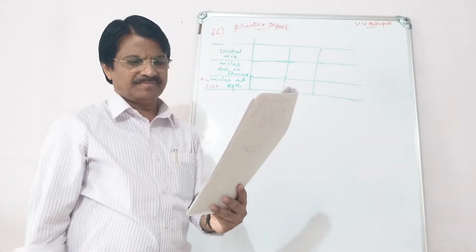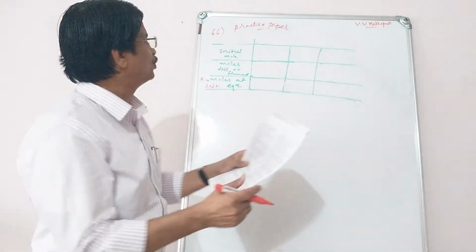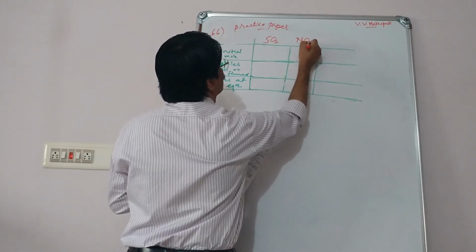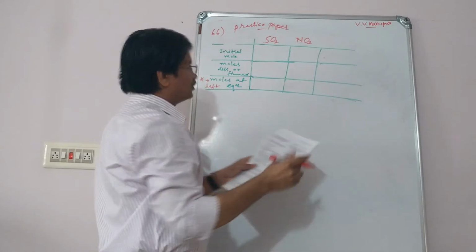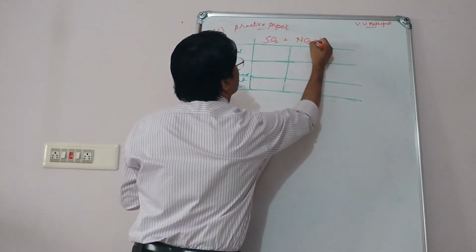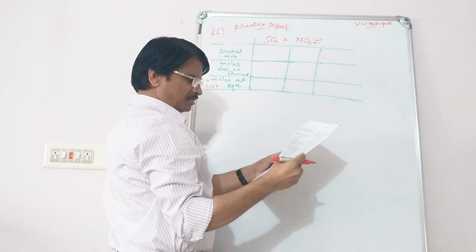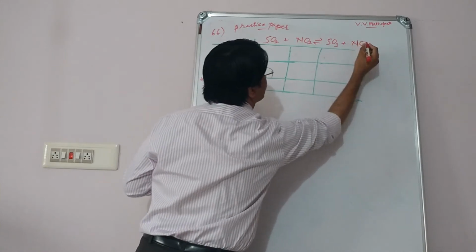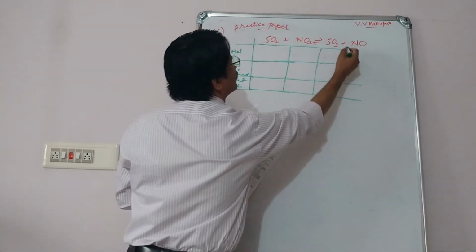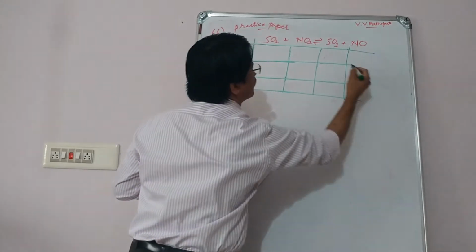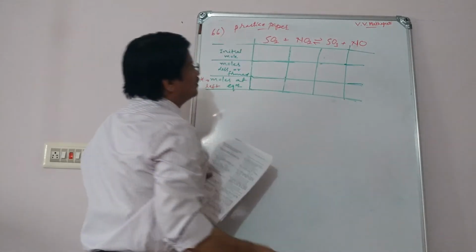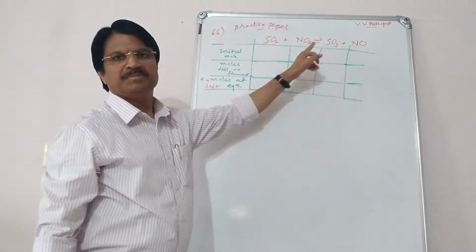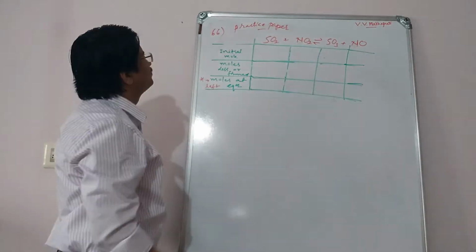K is given as 16 for the reaction SO2 plus NO2 reversible to SO3 plus NO. Here they give reactants A, B and products C, D. Okay.